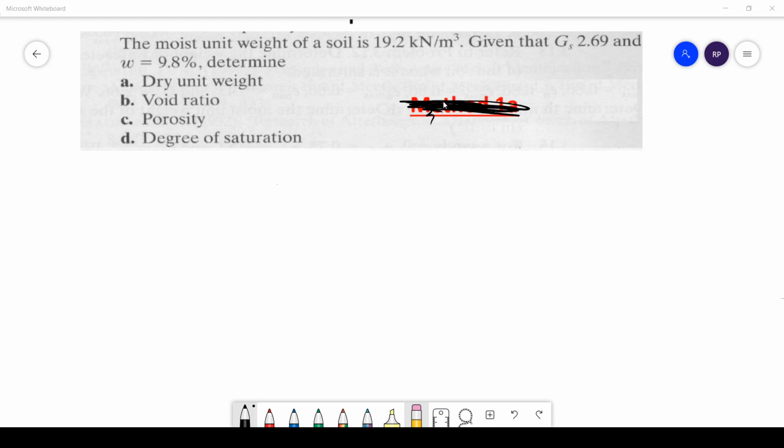And we are given the specific gravity, that is 2.69, and the moisture content is 9.8%, or in decimals that is 0.098. We are asked to determine letter A, the dry unit weight, letter B, the void ratio, letter C, the porosity, and letter D, the degree of saturation.